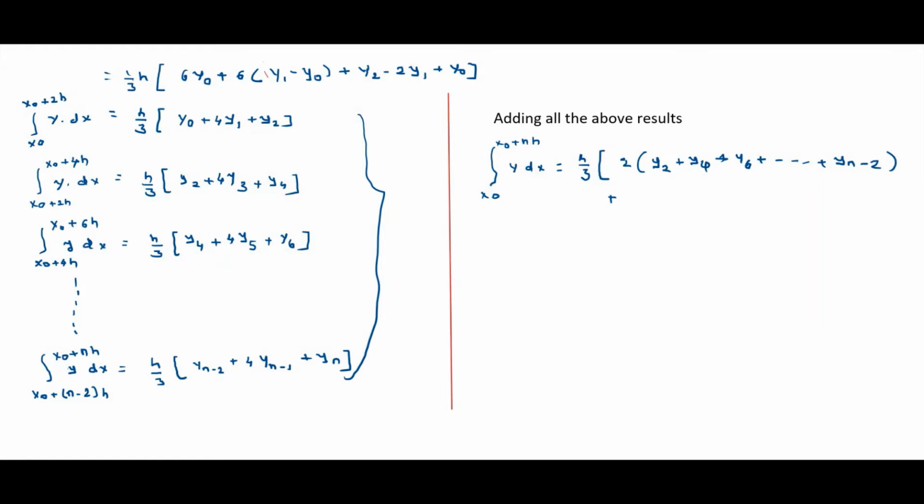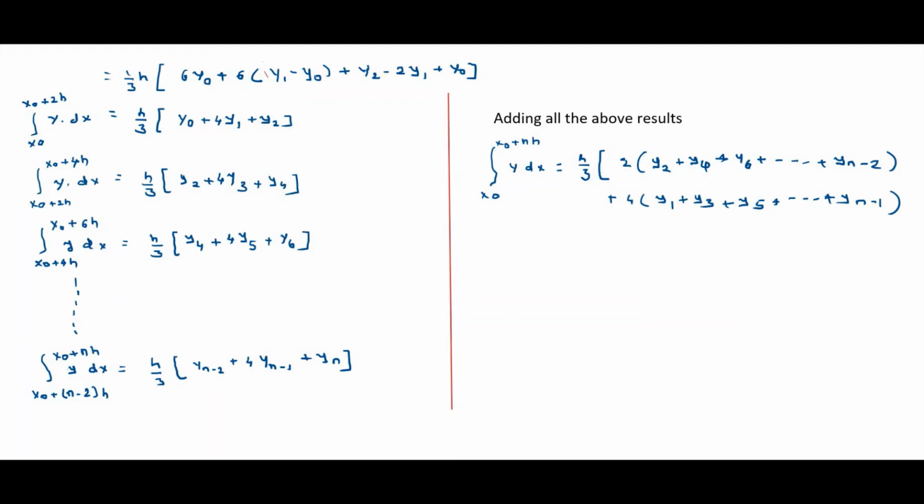Now you can see the middle values. The middle values are 4y1, 4y3, 4y5 and so on, up to the last value 4yn minus 1. If you add all these values, you can take 4 common, and in the bracket we are left with the odd numbers: y1 plus y3 plus y5 plus and so on. The last term is yn minus 1.